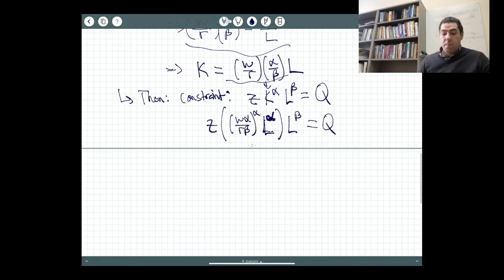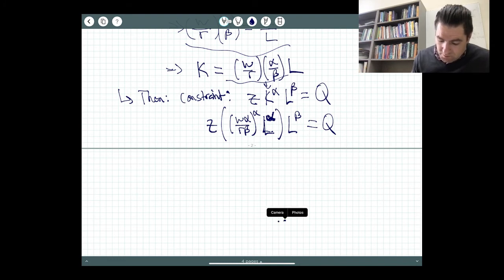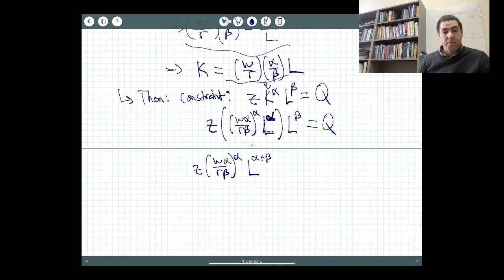is equal to Q. Now I can just combine the L terms there and solve for L. So in and amongst all of this stuff here, we have, if I'll leave it like this for a second, Z times W alpha over R beta to the alpha times L to the alpha plus beta.